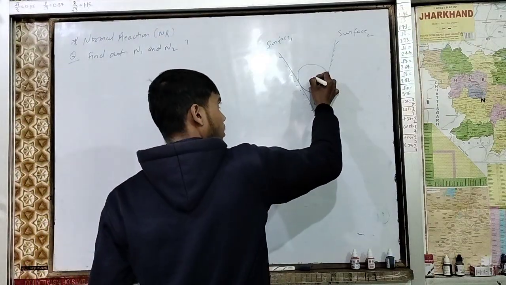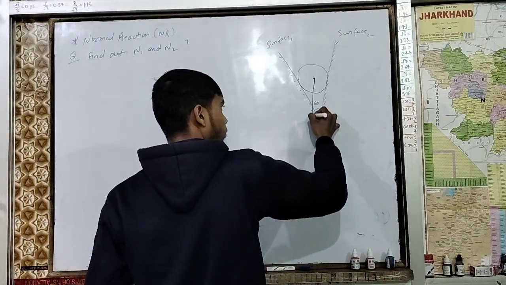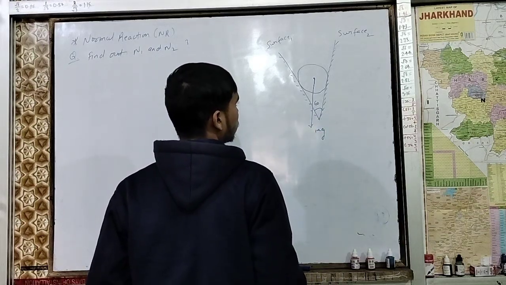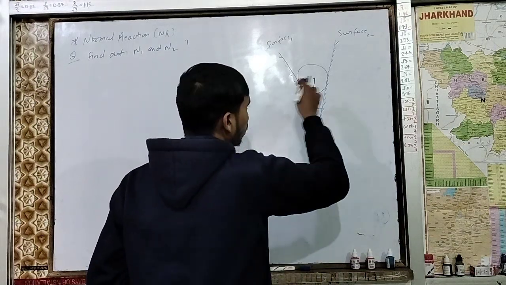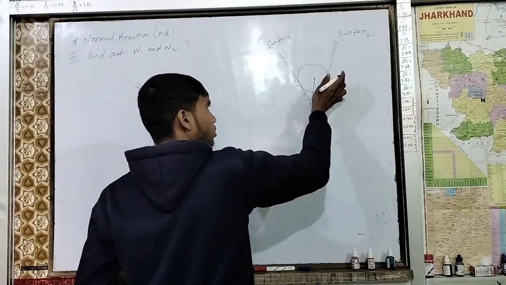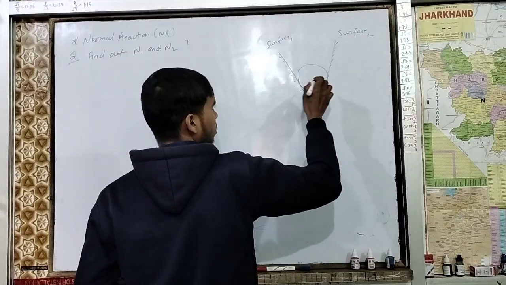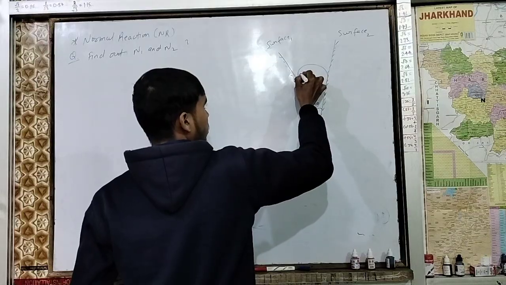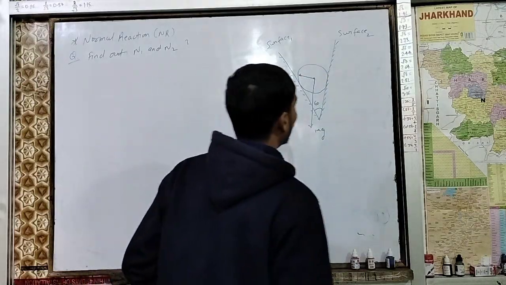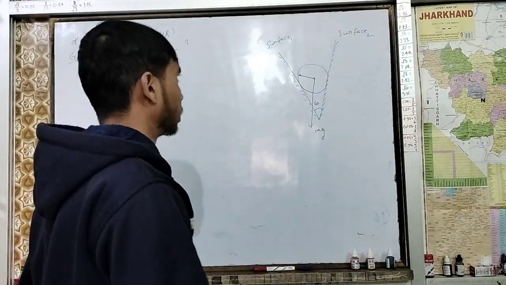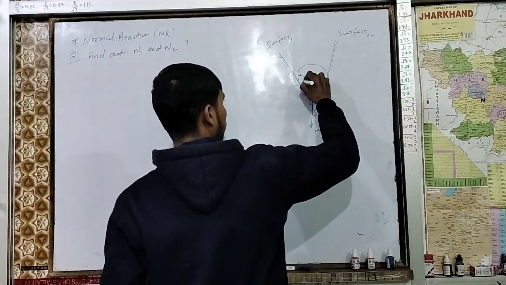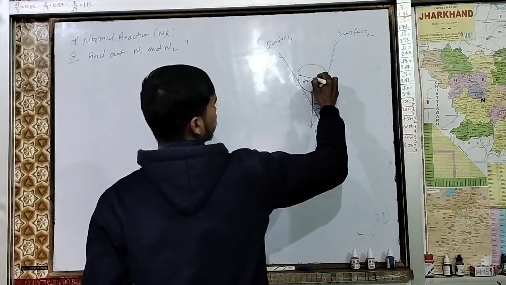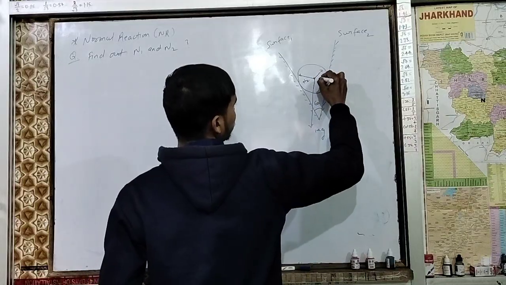Can you say this will be our mg? Yes, you can see. From this contact force, this will be our normal. Let's say this is N2. From this contact force, we will have N1.